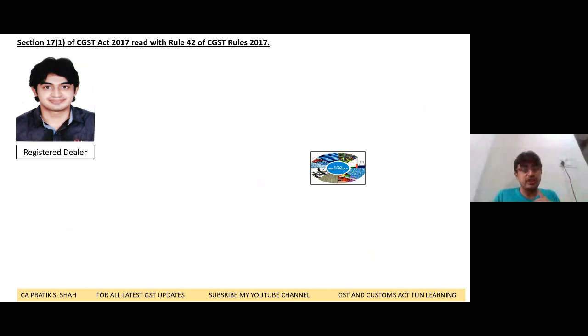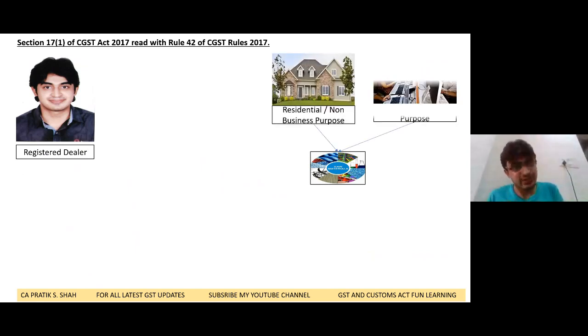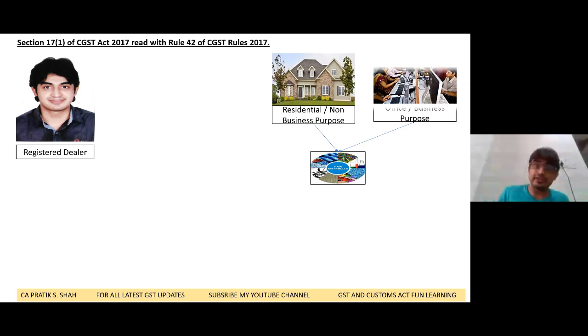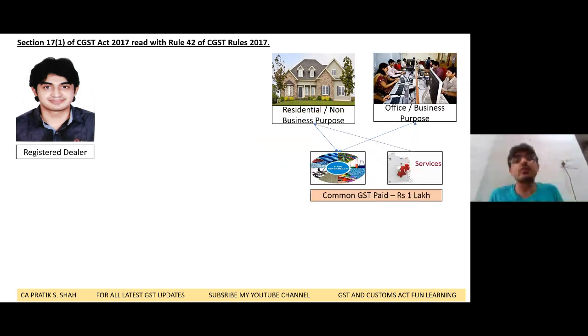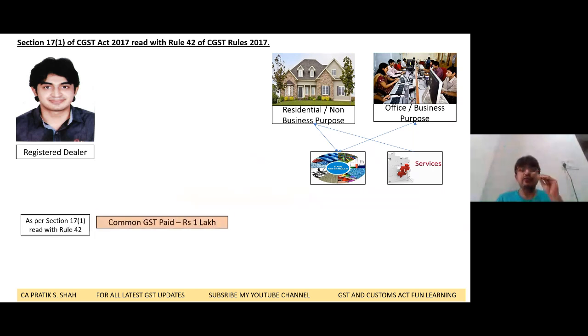So any registered dealer who is purchasing raw material for business as well as non-business, or is purchasing services for office as well as non-office, that is also considered as common ITC. Now out of this common ITC, the taxpayer himself is required to reverse how many percent? 5%.